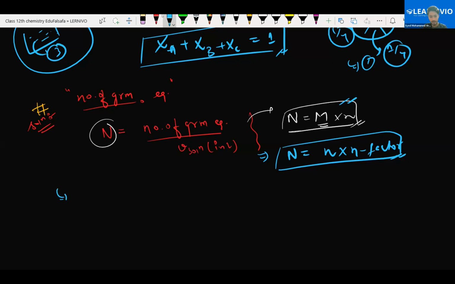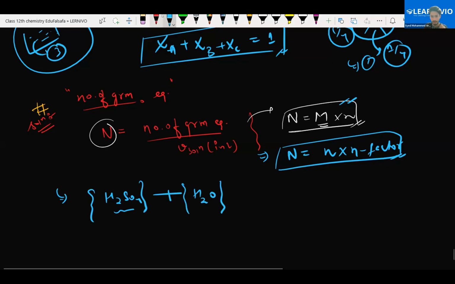So here what is happening is that we have H2SO4 and I am diluting this H2SO4 in water. So you can see this as a chemical reaction also. Why? Because I have the acid, which is H2SO4, and water is neutral in nature.